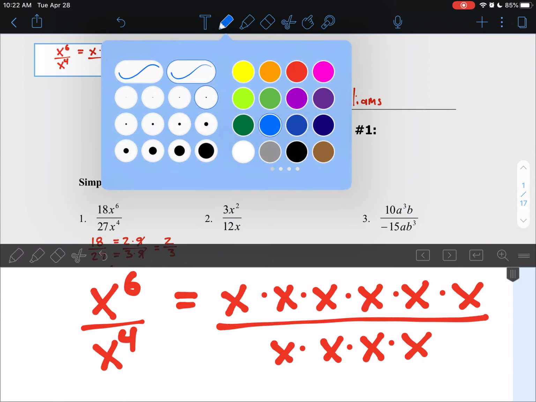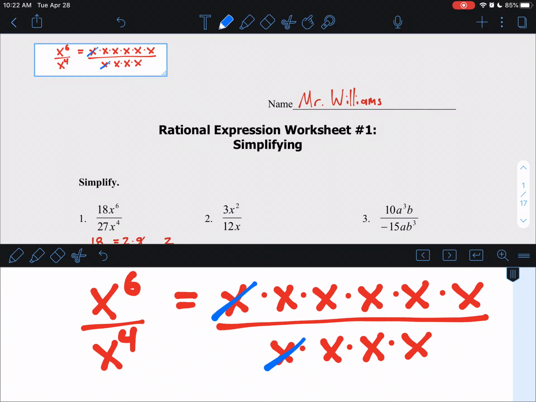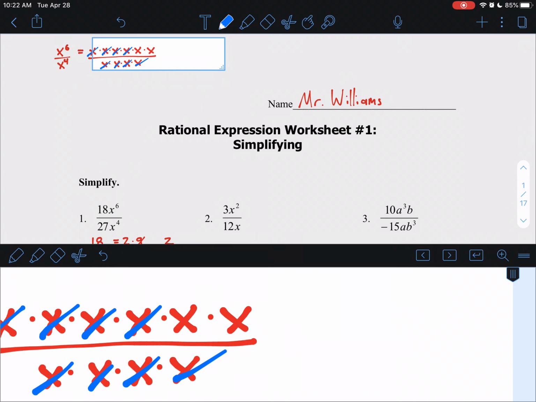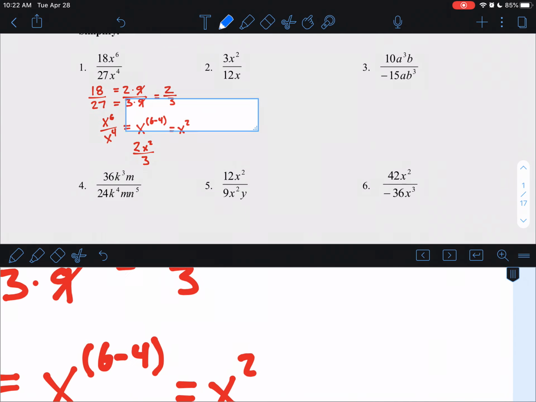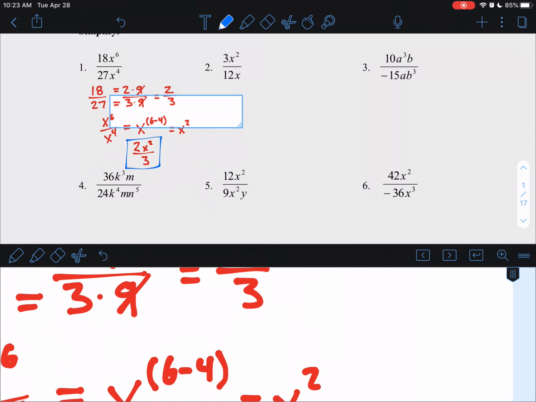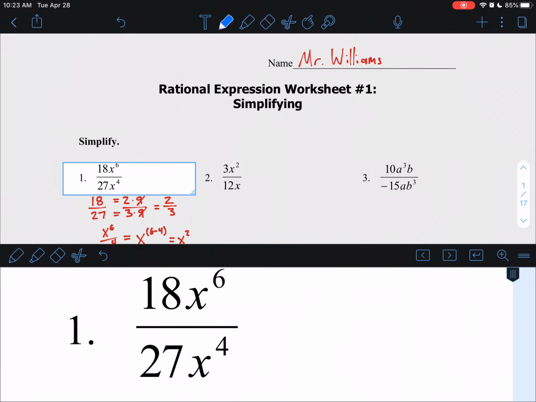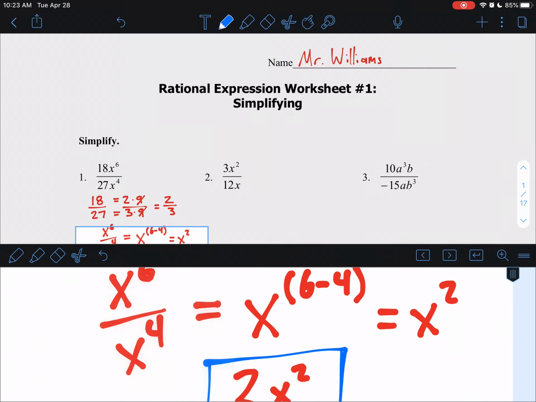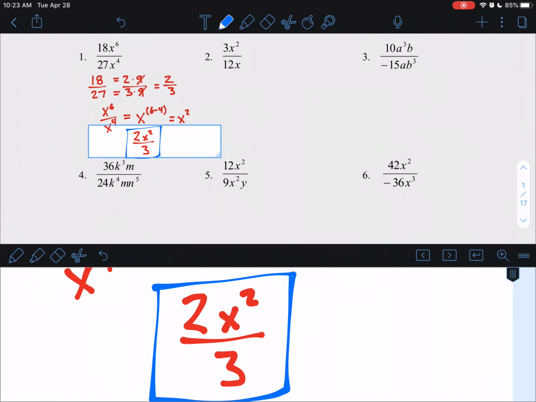So I can just go through and cancel out one in the numerator, one in the denominator, and so on. I have none left in the denominator now, and I'm left with the 2 x's in the numerator, which is why I'm left with x squared, because x times x is x squared. And that's how I got my answer, 2x squared over 3. So the simplified form of 18x to the sixth over 27x to the fourth is 2x squared over 3.